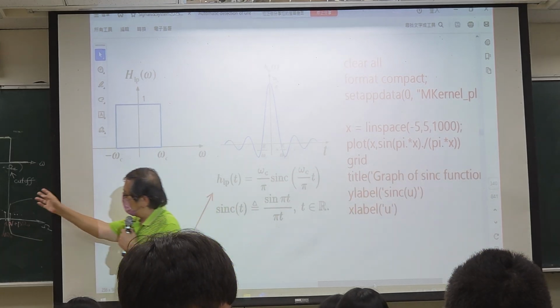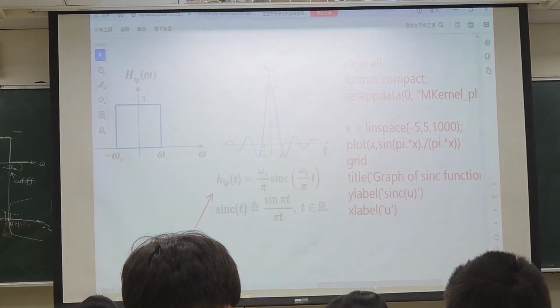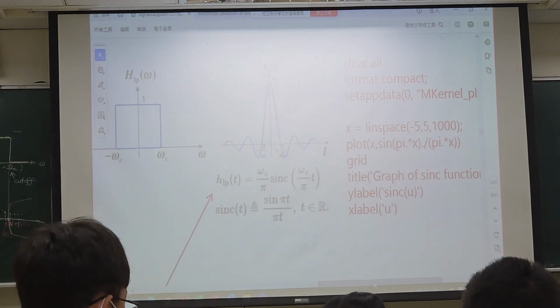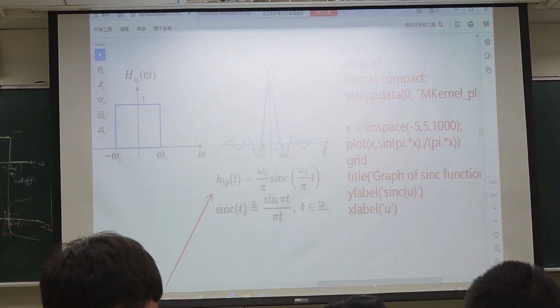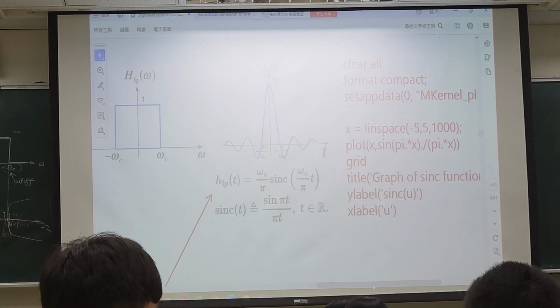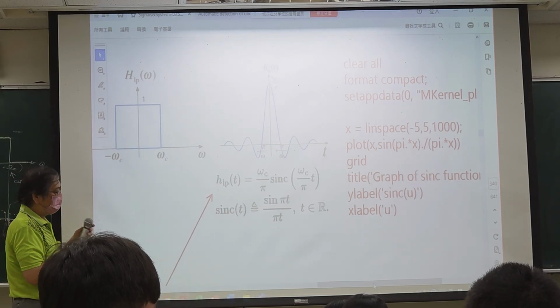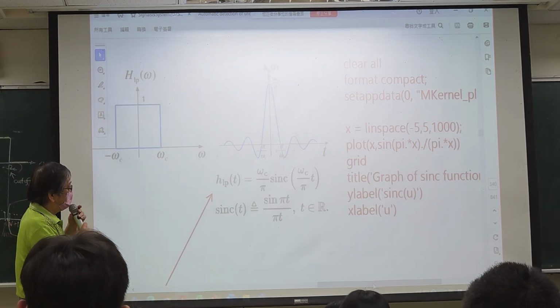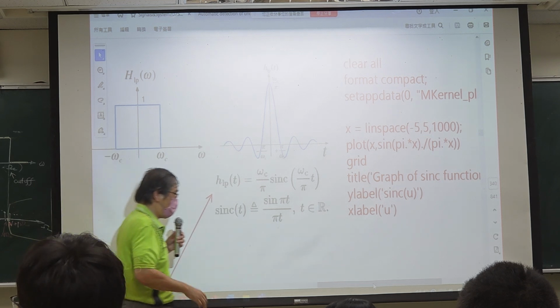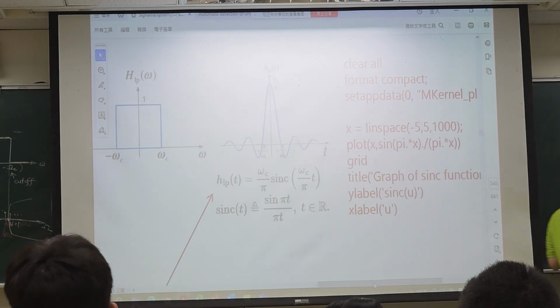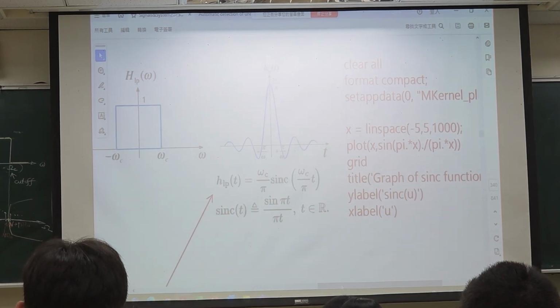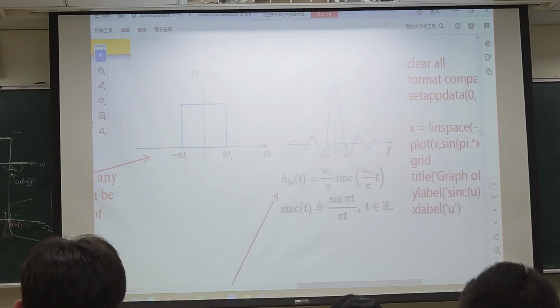All the frequency components beyond the cutoff frequency will be cut off, will be attenuated, will be filtered out. So the amplitude of the frequencies higher than the cutoff frequency becomes zero.